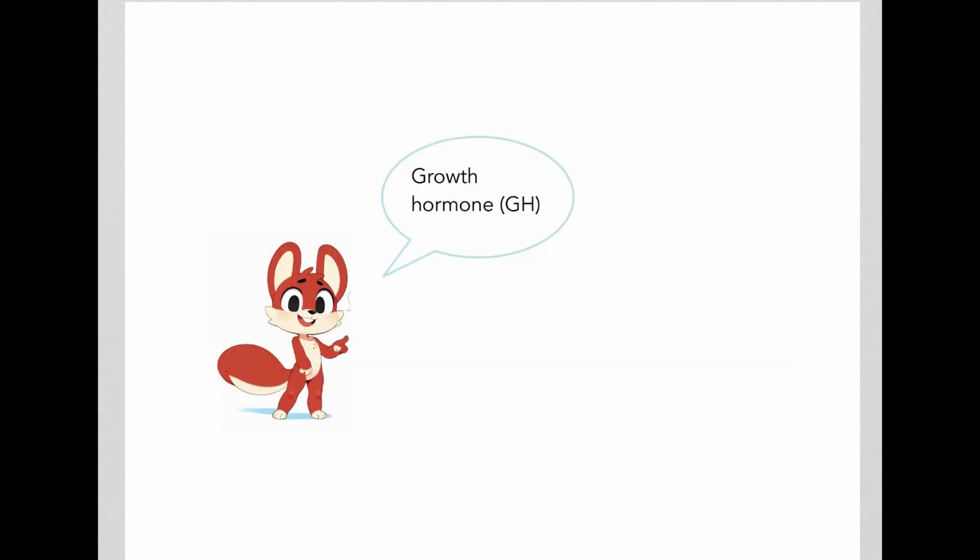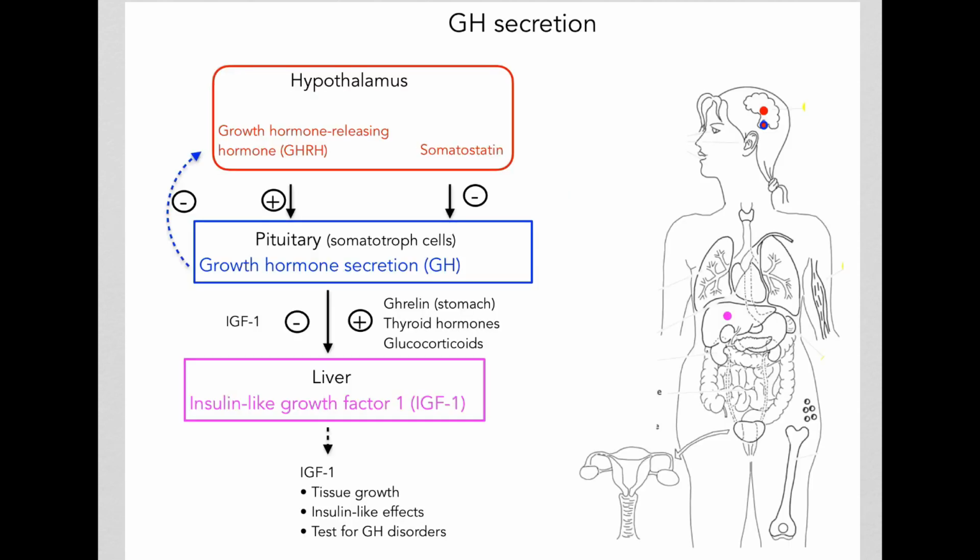Another hormone that increases during starvation is growth hormone. Growth hormone is secreted by the pituitary gland. There are cells in the pituitary gland called somatotroph cells. These cells synthesize and secrete GH.